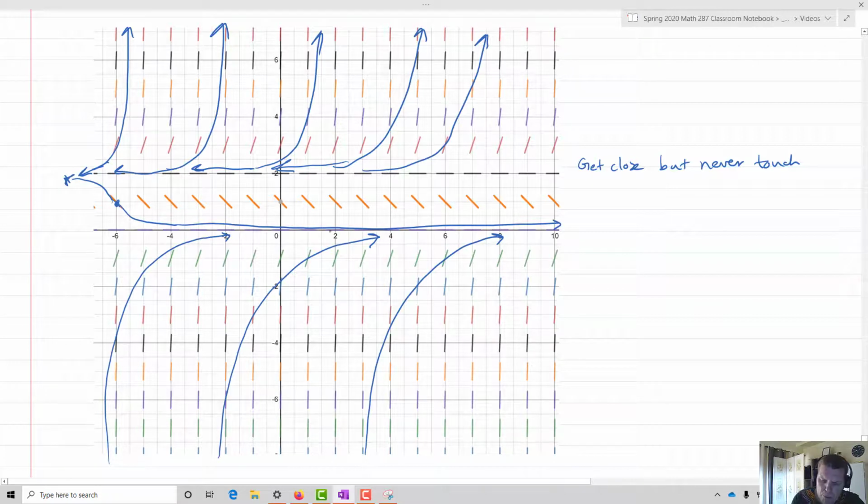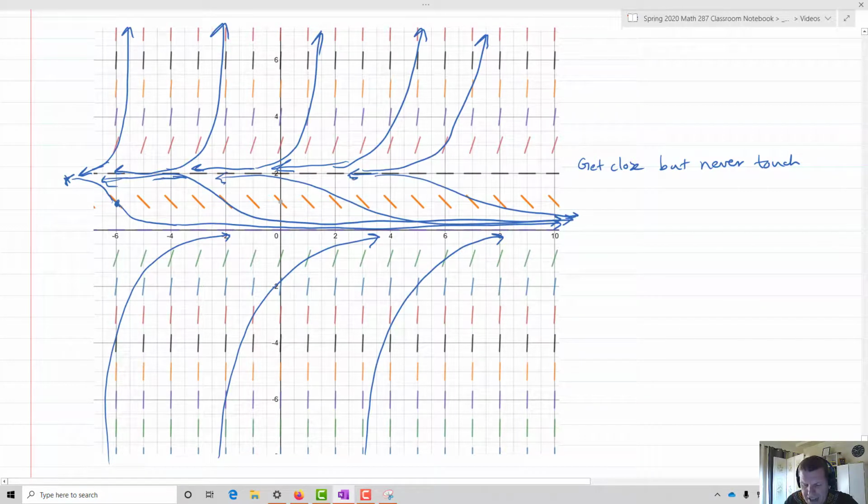I'm going to start up at y equals 2 and decrease down towards y equals 0. So it's actually quite different. Depending upon where we have our initial conditions is going to tell us what our graph looks like.